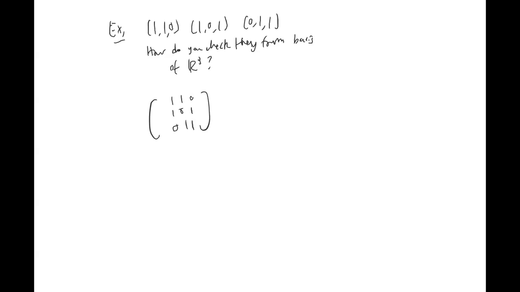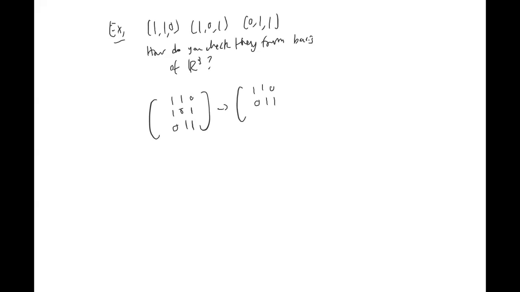So whatever three rows I get after Gaussian elimination, if those form a basis, the original is a basis. So let's subtract the first from the second: 1, 1, 0, 0, 1, 1.